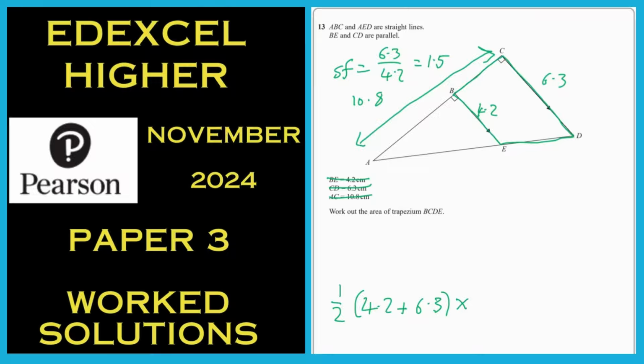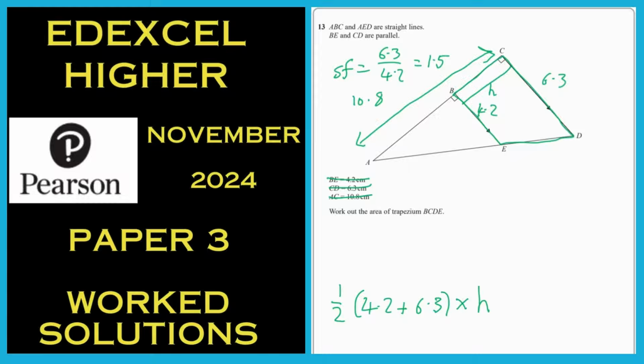You then multiply it by the height of the trapezium. The height is defined as the perpendicular distance between the two parallel lines. In other words, I want that value, oh, I've called it x there, I should be calling it h. I want that distance h.